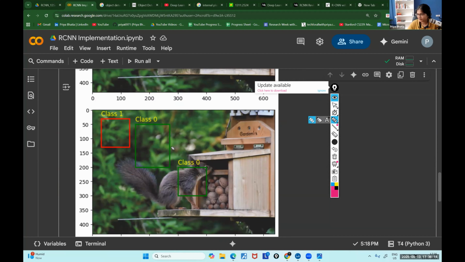Here you can see, right? This is the class 0. Aha, what is happening? This is a class 0.